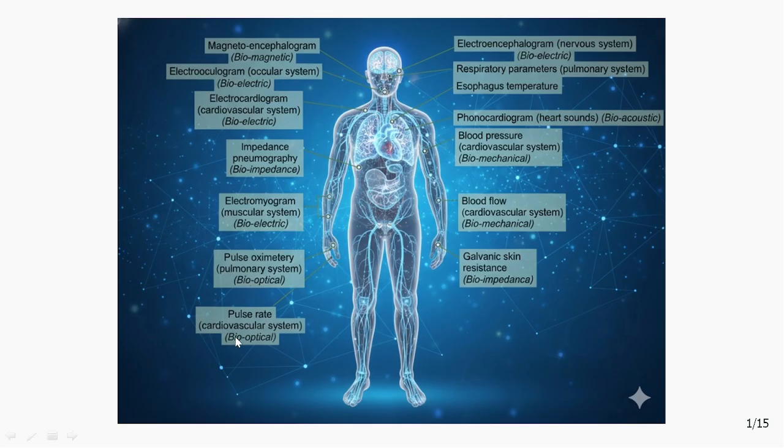Similarly, we have another biooptical signal related to the cardiovascular system, which is your pulse rate. The brain waves are generated by the nervous system of the brain, recorded as electroencephalogram, which is also a bioelectric signal.